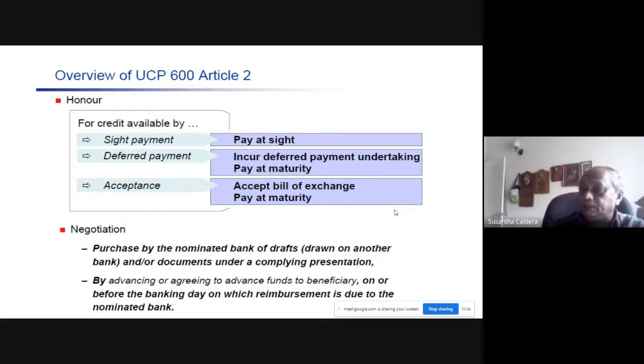Then we can discount the bill and advance the money to the beneficiary. You are in a very, very comfortable position, right? So you can discount the bill at that time, but before the due date, that means before 1st of November.